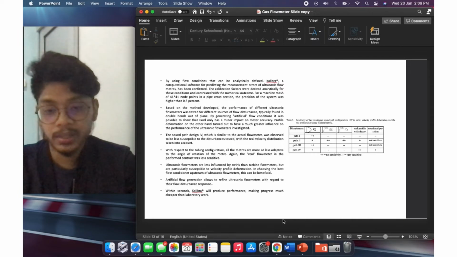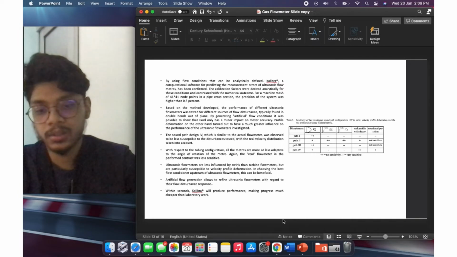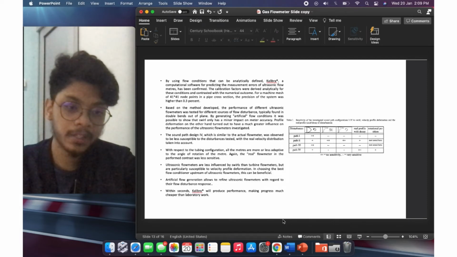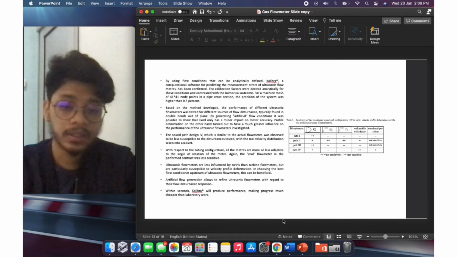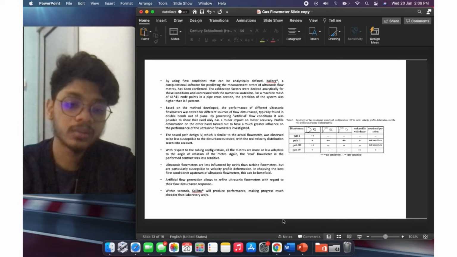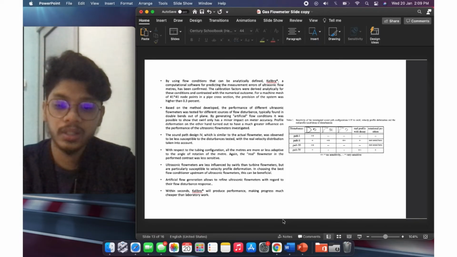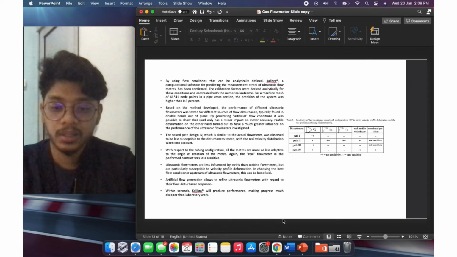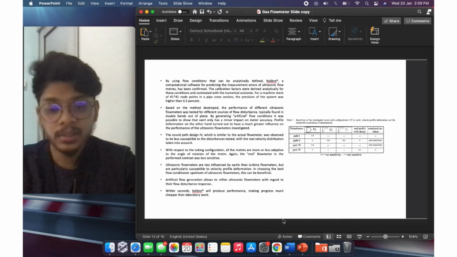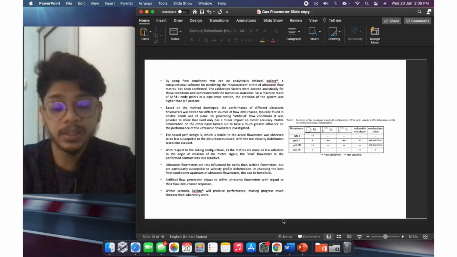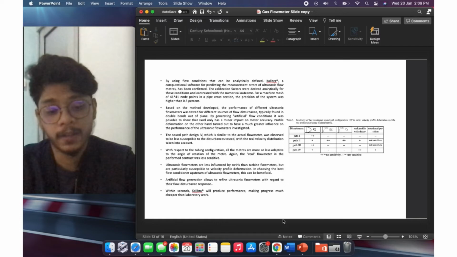In choosing the best flow conditioner upstream of an ultrasonic flow meter, this can be beneficial. Ultrasonic flow generation allows us to refine ultrasonic flow meters with regard to their flow disturbance. Within seconds, Calibra will produce performance, making progress much cheaper than lab work.